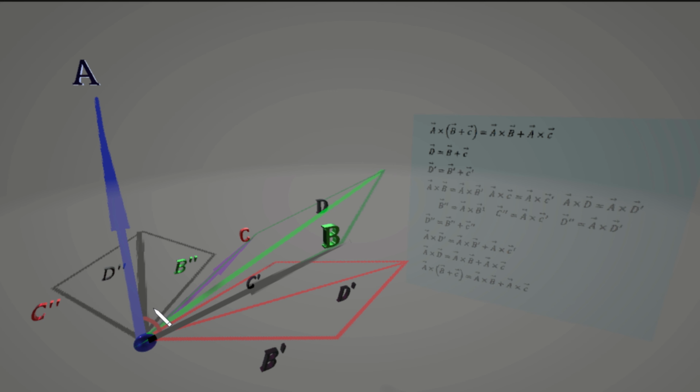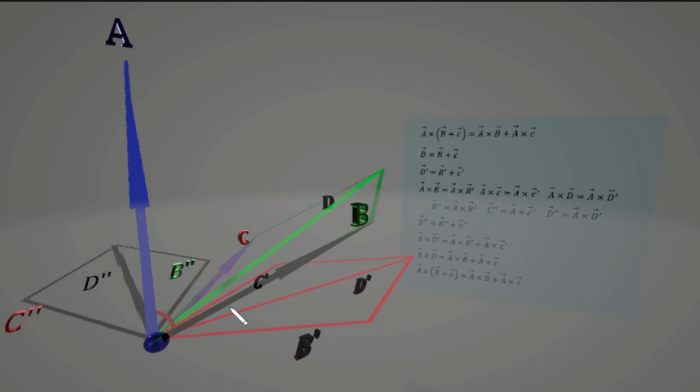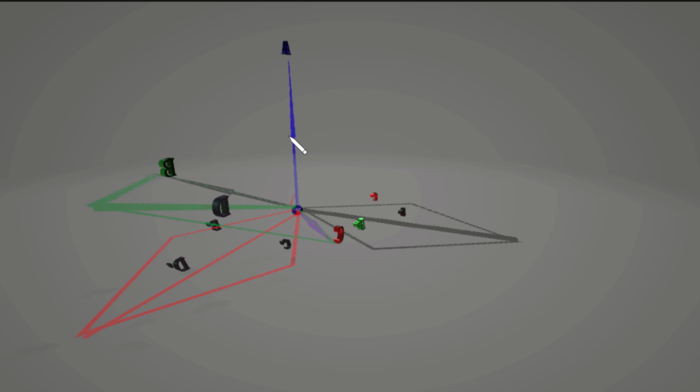Then it satisfies the expression D double prime bar is equivalent to B double prime bar plus C double prime bar. Finally, we can conclude A bar cross B bar is equivalent to A bar cross B prime bar, which is equivalent to B double prime bar.